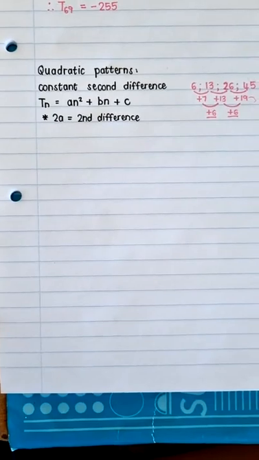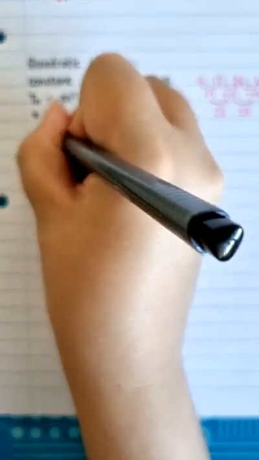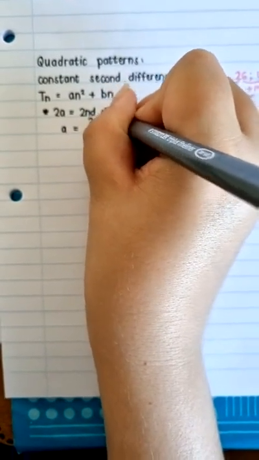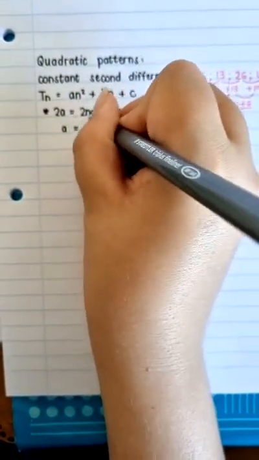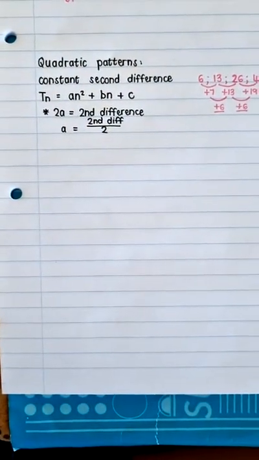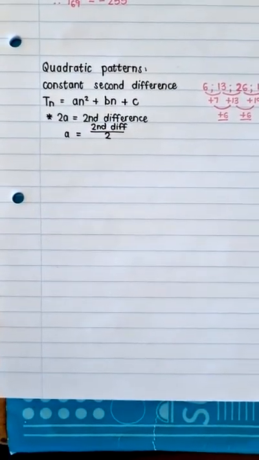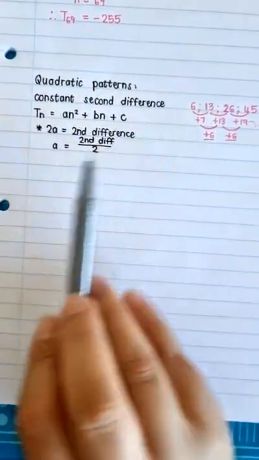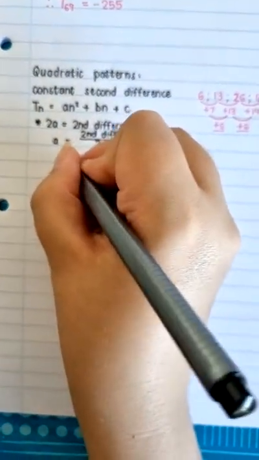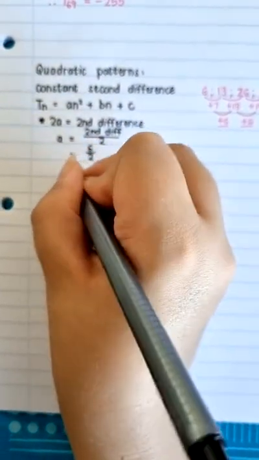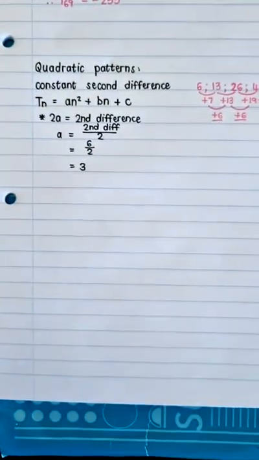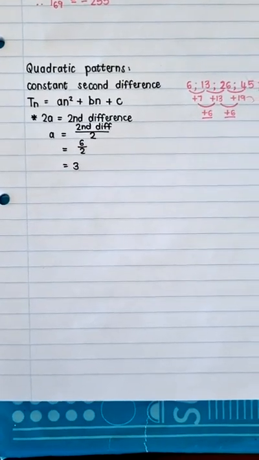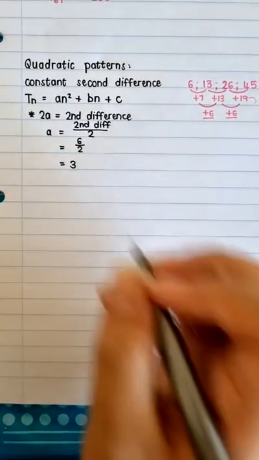Or if you want to look at it slightly differently, you can say that a is equal to your second difference divided by 2. All right, so in this case, our second difference is 6, meaning that a is going to be 6 divided by 2, so a is going to be 3 in this case. All right, so that is how you find the a value of a quadratic pattern.